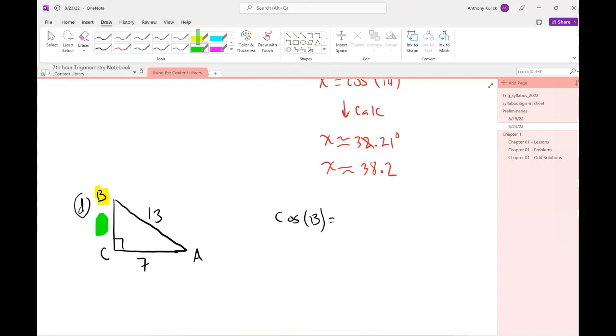BC, which we don't know, and the hypotenuse is 13. Okay? So in order to write this ratio of adjacent over hypotenuse, we need to figure out the length for side BC. How can we do that?